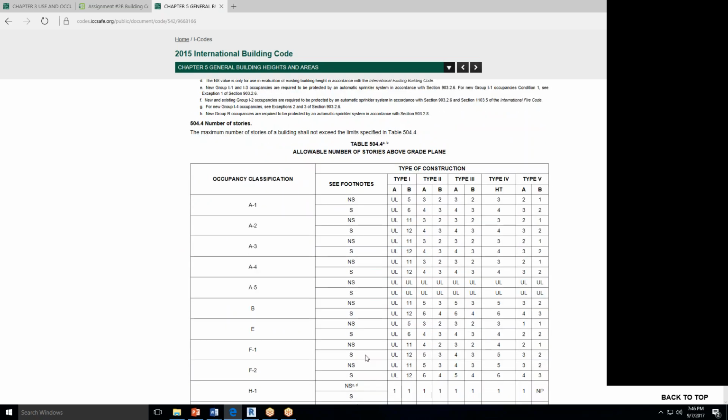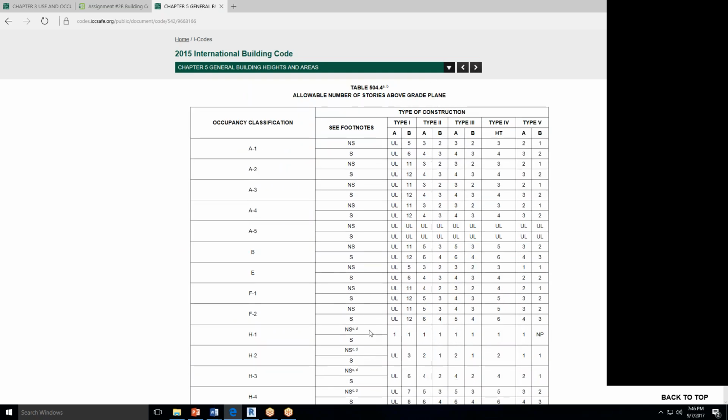So let's imagine we have another question, and it says, what is the maximum allowable stories above grade plane for an occupancy A? If it's sprinklered, then it's type 1. In that case, we'd go, okay, I have A, well, and it'll probably be even more specific, right? So A1, 2, 3, 4, 5.